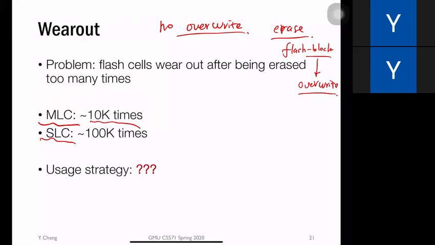Okay, so whenever talking about this wear out, this flash-based lifespan or so-called endurance metric, what kind of technology, strategy or policy could be used to maximize endurance?